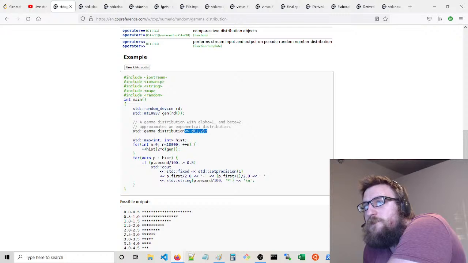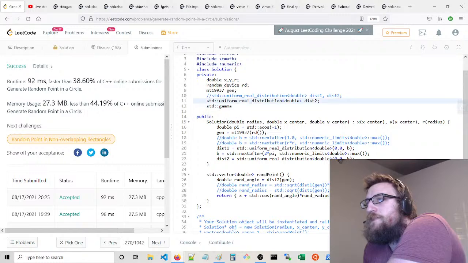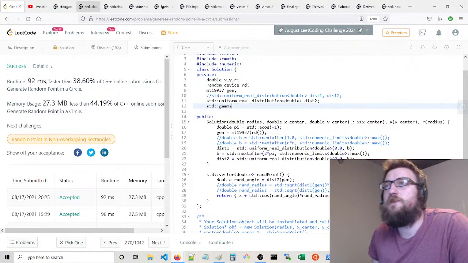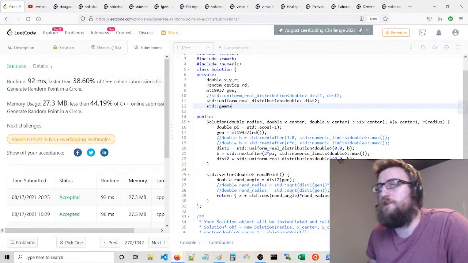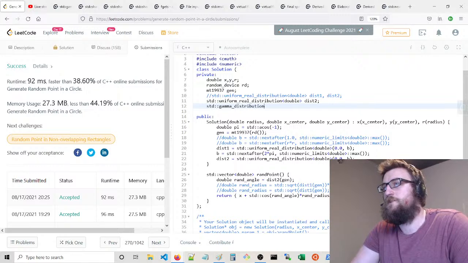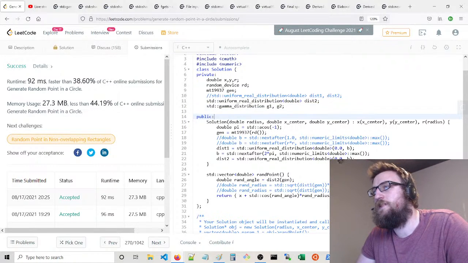It's going to be double 1, 2. Yeah. So gamma distribution G1, G2, we'll say.